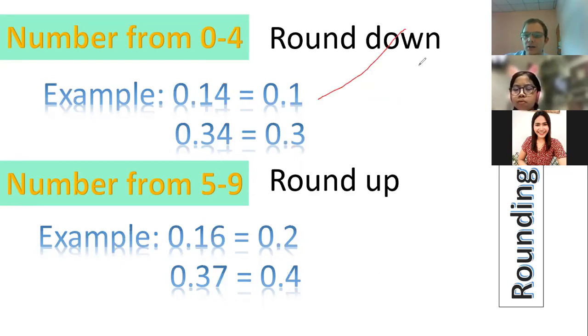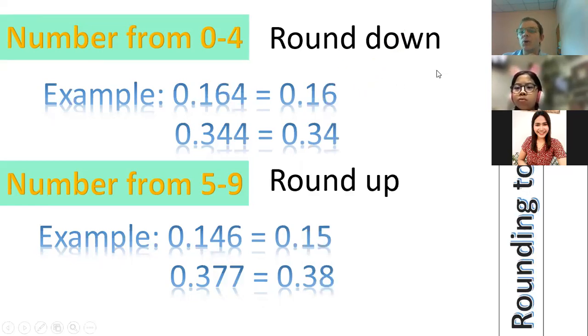Let's look at when we look at hundredths. When we look at hundredths, it means the second number. We look at the second number behind the decimal. So the second number in this number, what is the second number behind the decimal?